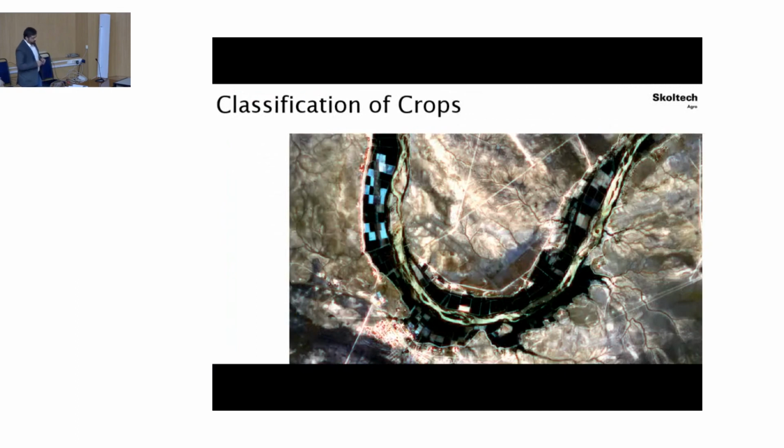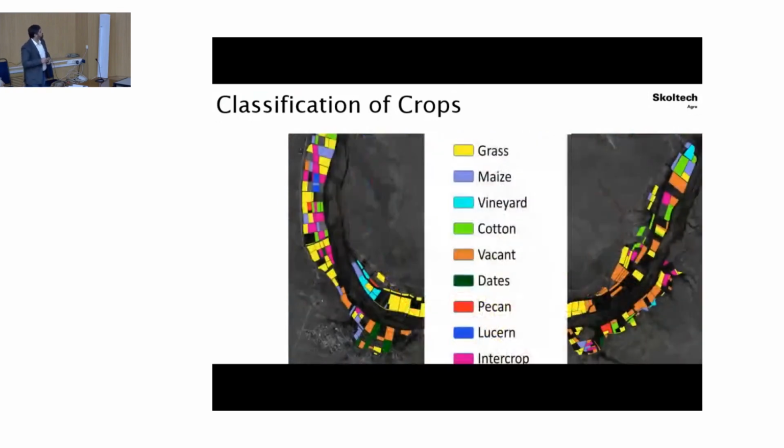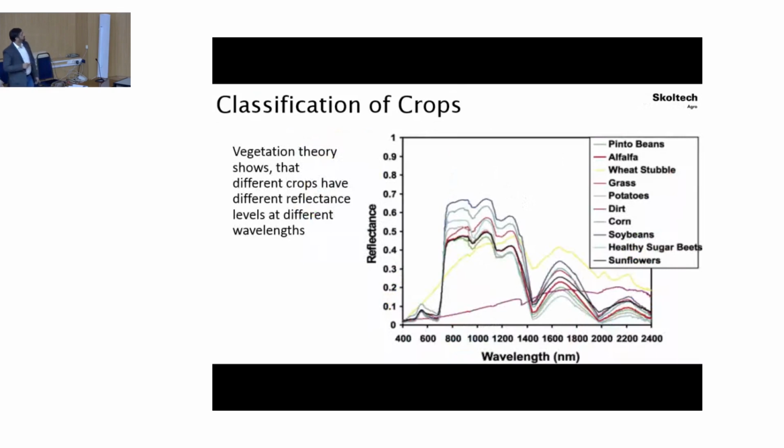The other thing that we're looking at is classification of crops. Take an image from the satellite like this and turn it into this, where each color is a different crop, right? We need to know what crops are being grown in each field. So how do we know that?